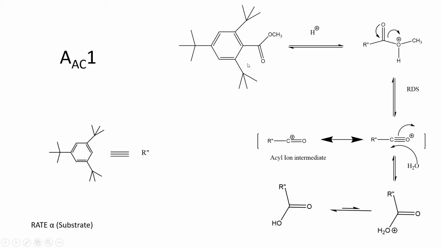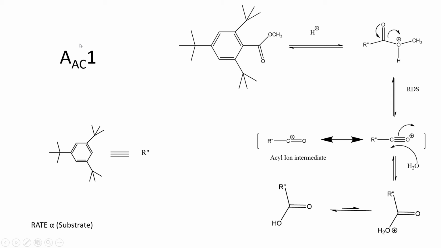Now see what's the mechanism. First, H plus adds to the ester, and after that, the acylium ion forms, and this is the RDS step. And we can see in the RDS step, the ester only depends on the substrate. So the rate also depends on the substrate and it becomes a unimolecular reaction.